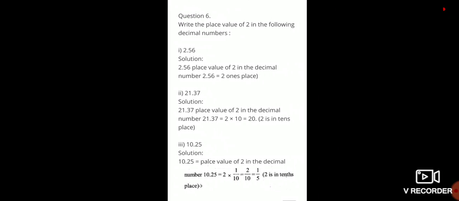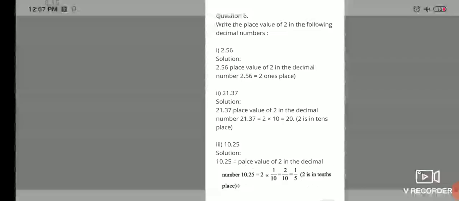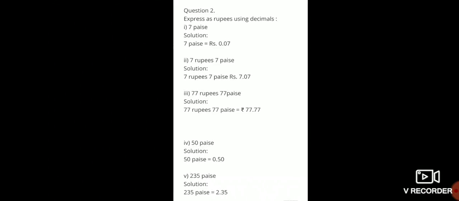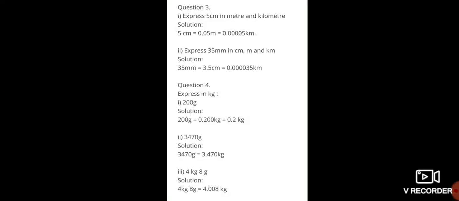Okay, so totally the 6th one contains 5 problems, the 5th question contains 3, and the 3rd question and 4th question. The third question is very simple. We have to express in meter, kilometer, and for that you should know millimeter. 1 millimeter is equal to 1 by 10 centimeter, and 1 meter is equal to 1 by 1000 kilometer.